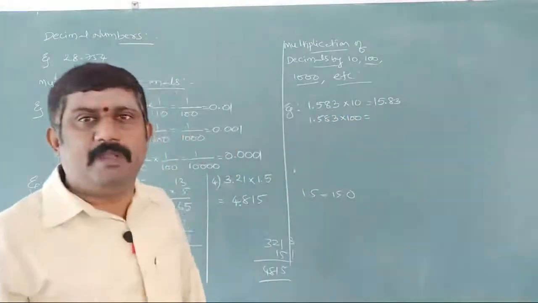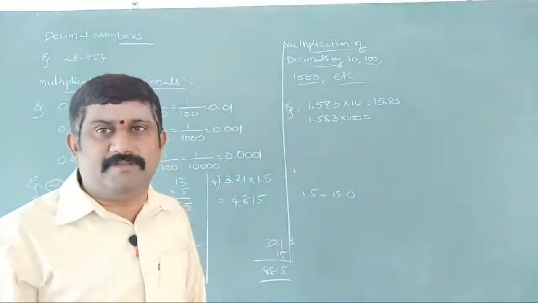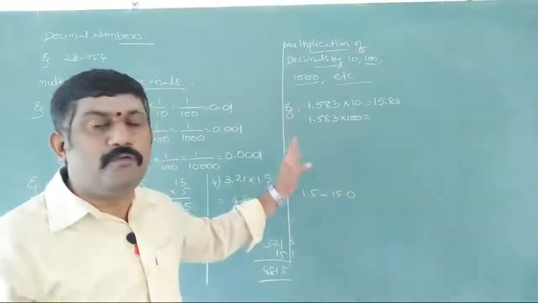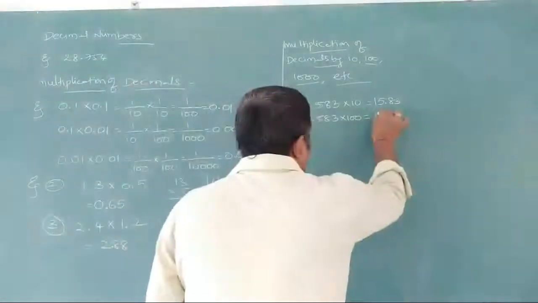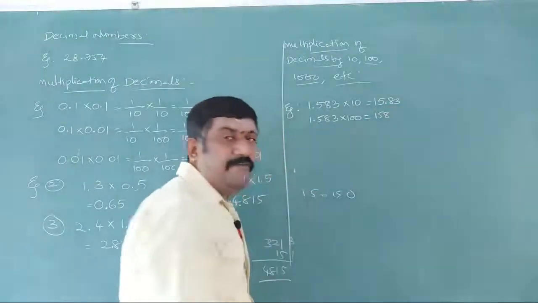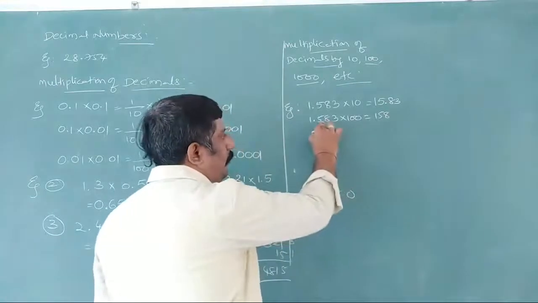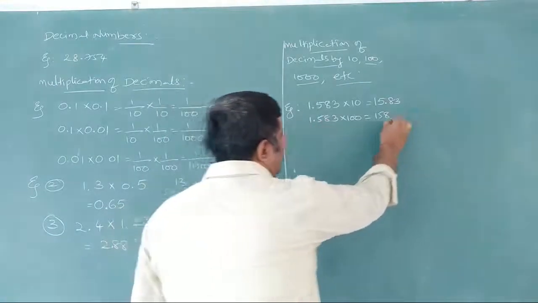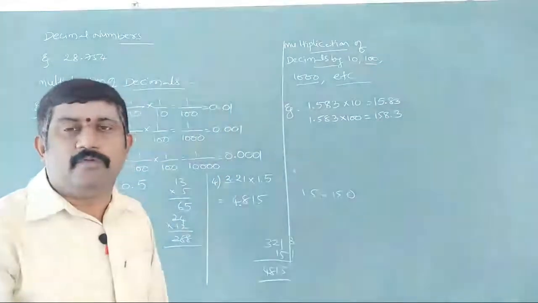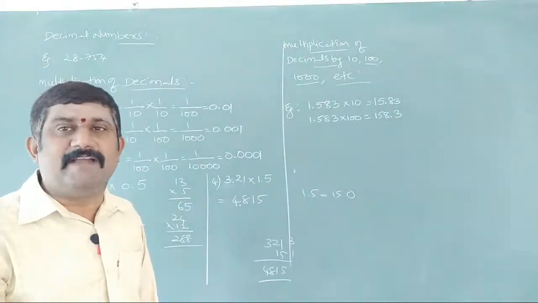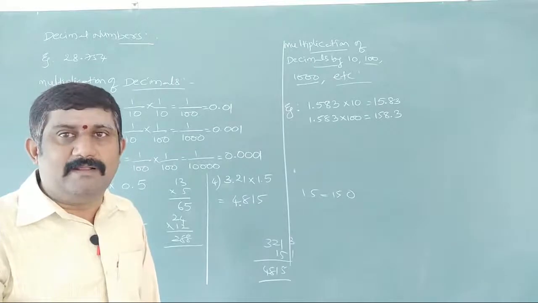Same process. How many zeros do we have here? 2 zeros. So simply move 2 steps to the right side. It becomes 158.3. So for each 0, we have to move right once.